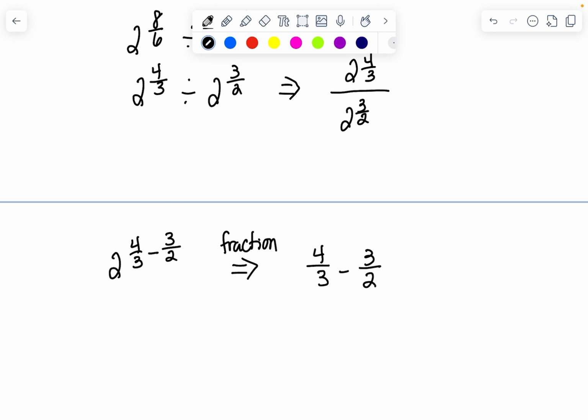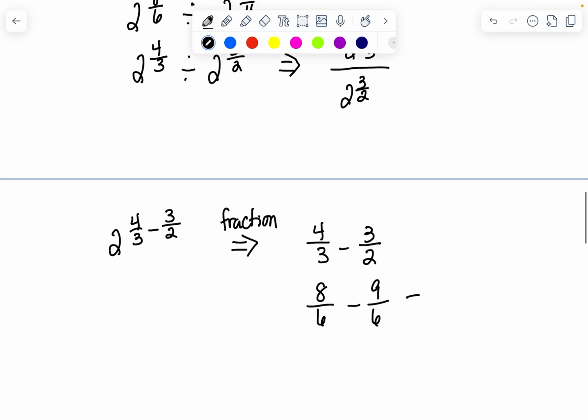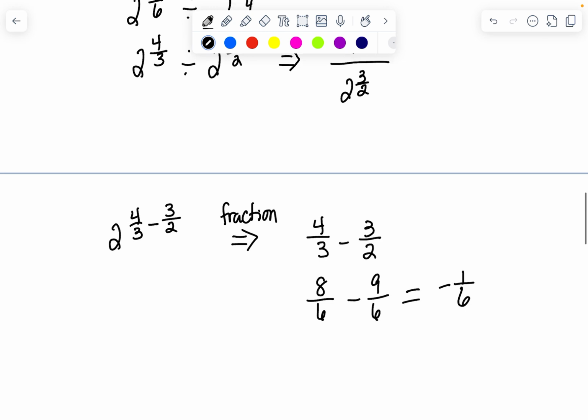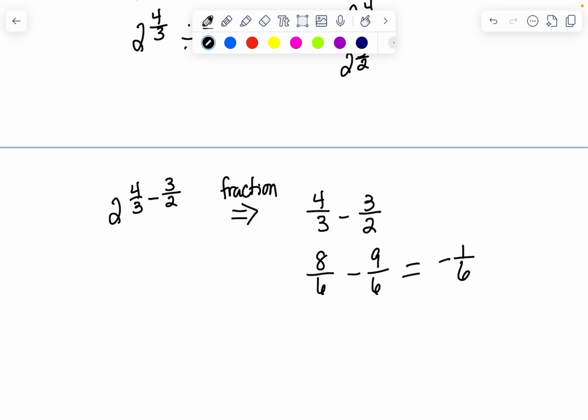Multiplying the first one by 2 gives me 8 over 6. And multiplying the second one by 3 gives me 9 over 6. Now I can subtract because they have the same denominator, which would give me negative 1 over 6. Now I can apply that to the base 2. That would give me 2 to the negative 1/6.